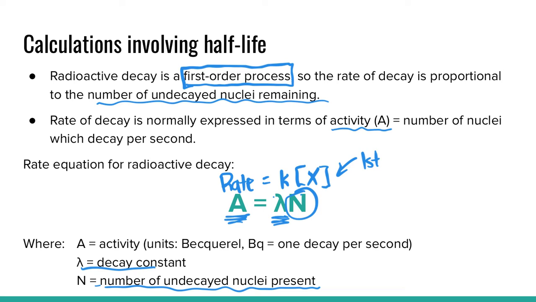Important to note, A is our activity. Its units are becquerel or Bq, which is 1 decay per second. So seconds is important. If we have other times and we use this equation, we do have to put it into seconds. That means our decay constant has units of seconds to the -1.